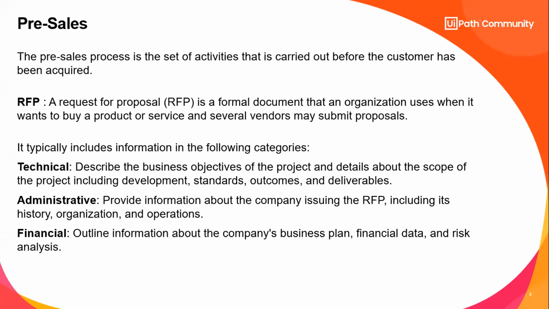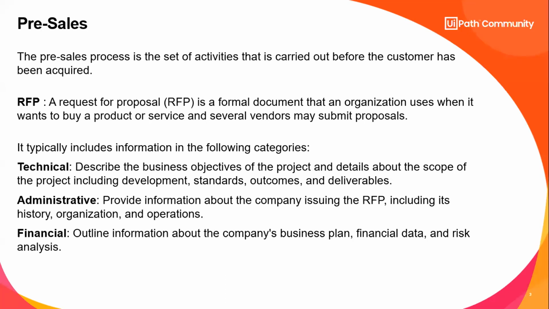And at the end we have the financial category, wherein we outline the information about the business plan and the financial data. Basically it consists of the team structure that will be part of this proposal, the team that will be supporting this particular activity, which could consist of a business analyst, RPA developers, RPA solution architect, and RPA QA. A budget is decided for it, and all these things fall into the financial category.